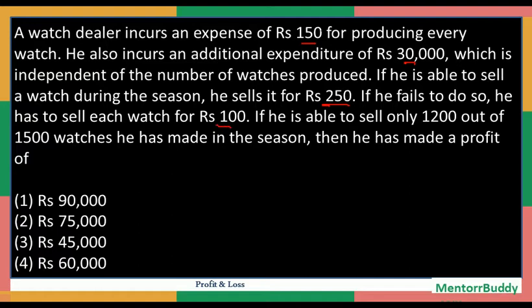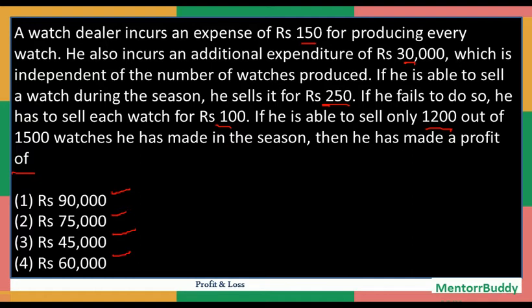If he is able to sell only 1200 watches out of the 1500 watches he has made in the season, then what is his actual profit? The listed options are 90,000, 75,000, 45,000 and 60,000.